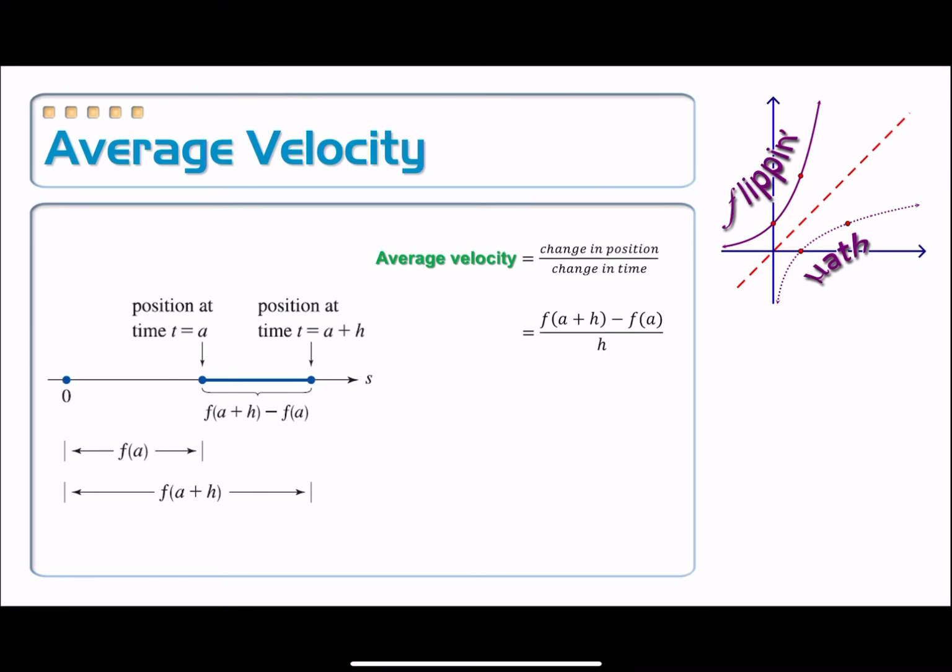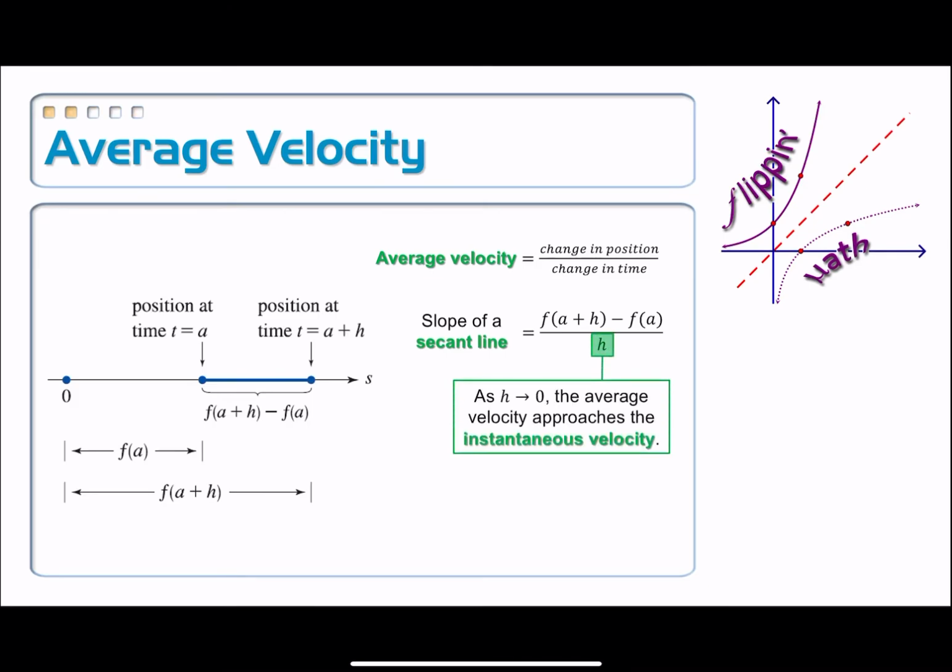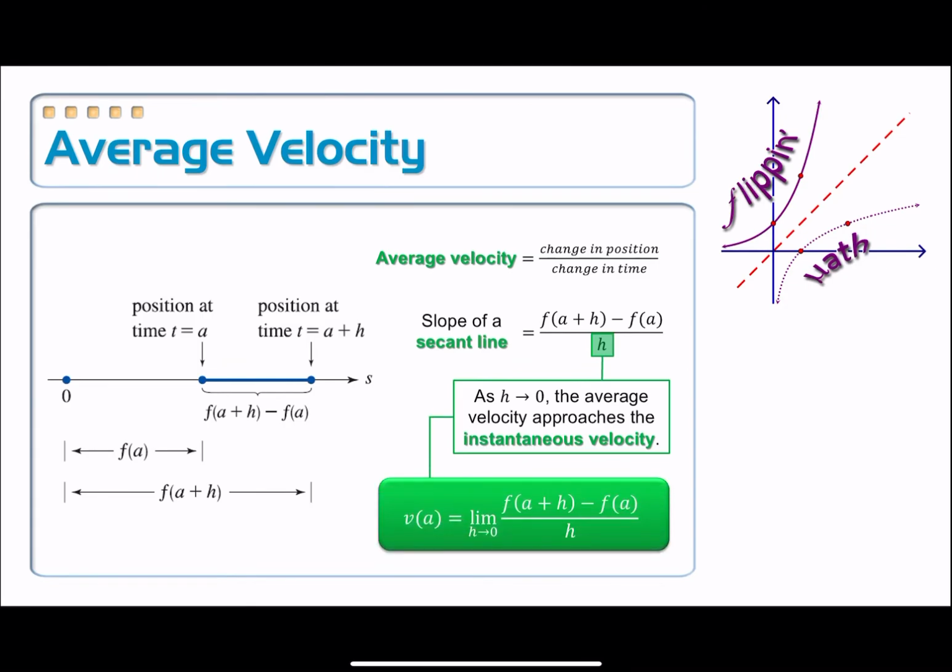Now what we can do is make this h as small as possible. We can see what happens when h approaches 0, and that becomes the instantaneous velocity. It did tell me that we just found the slope of a secant line. So as h approaches 0, the average velocity approaches the instantaneous velocity. And this is the way we calculate it, based on our limit. I'm going to take the limit as h goes to 0 of that average velocity.